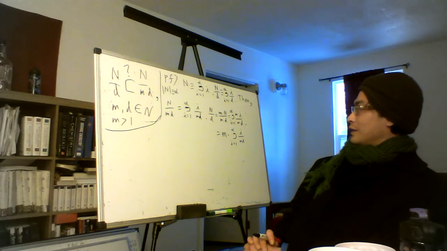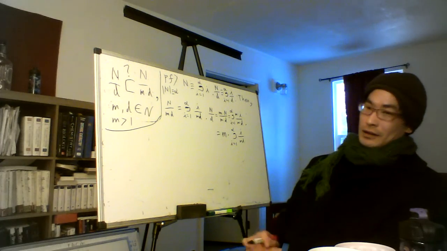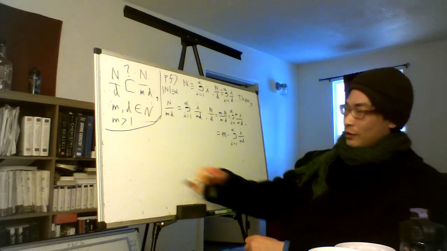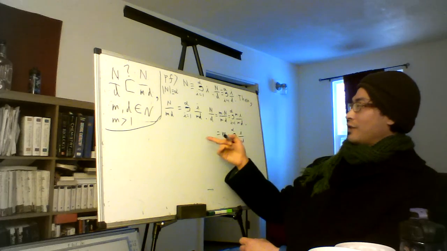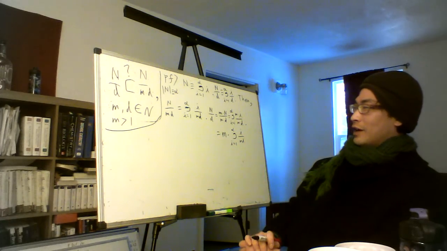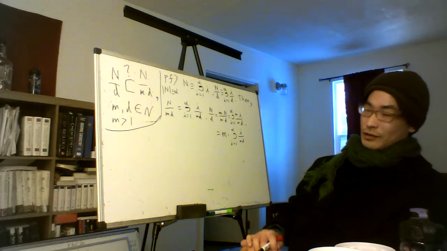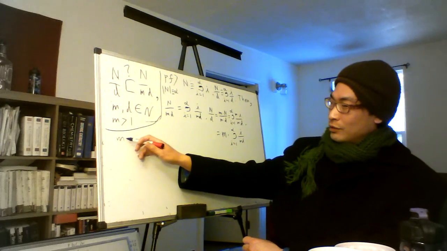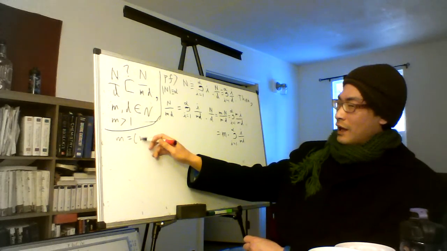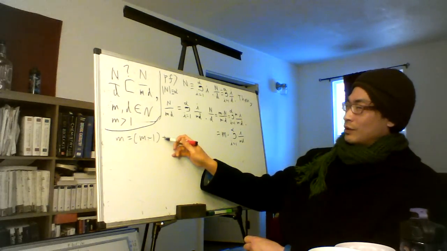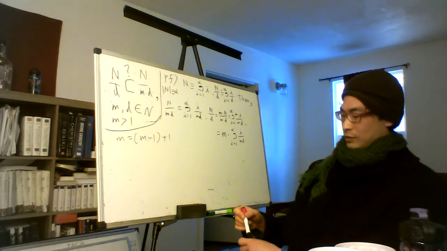We're going to take a 5 minute break. I want you to figure this out, prove this thing before I do. I'll give you a hint: m is equal to m minus 1 plus 1. I think that's the key to this proof.